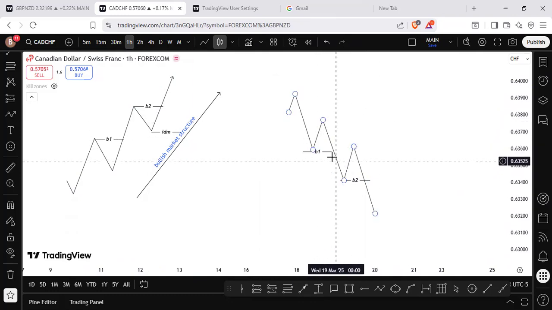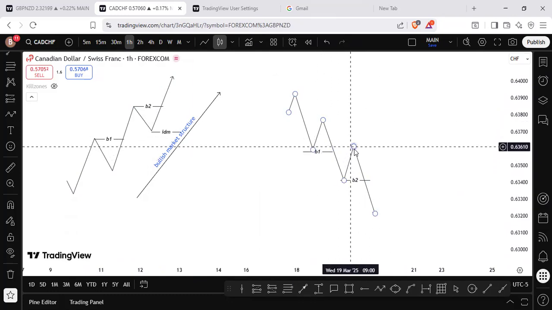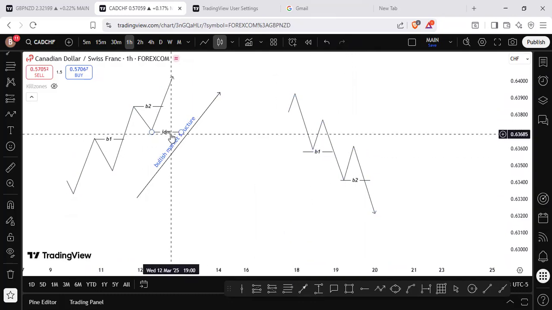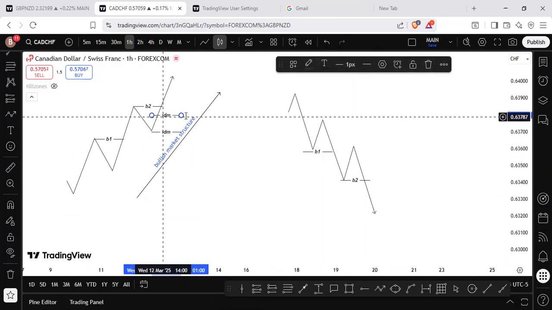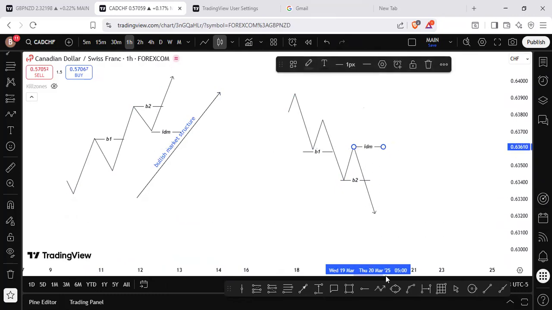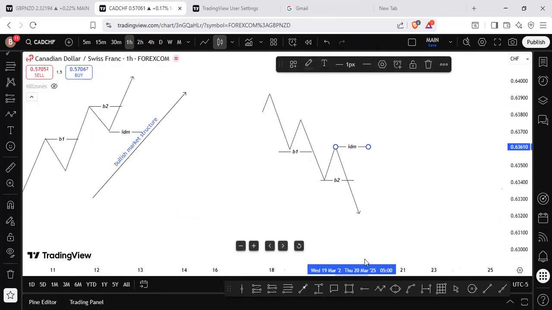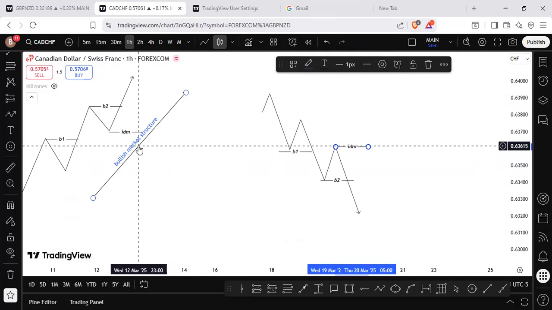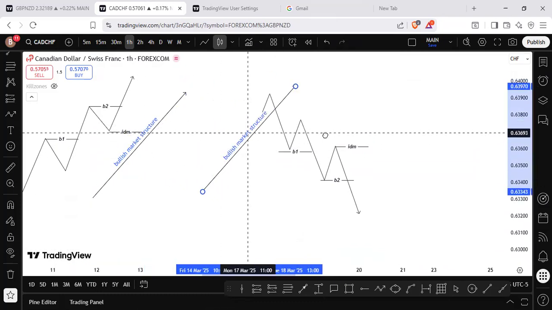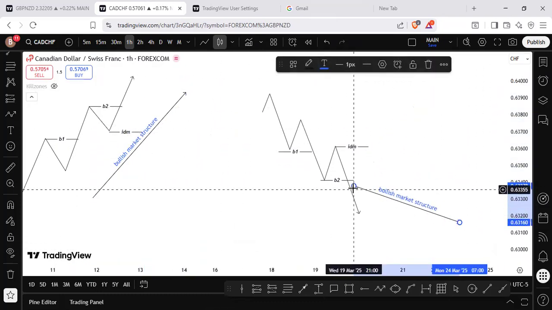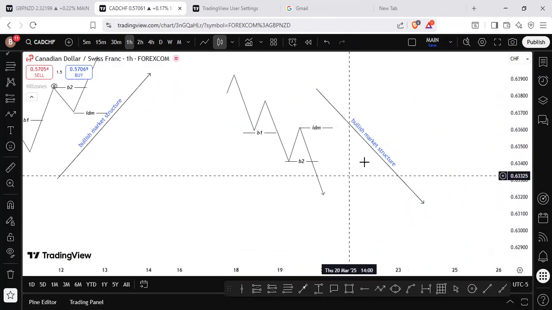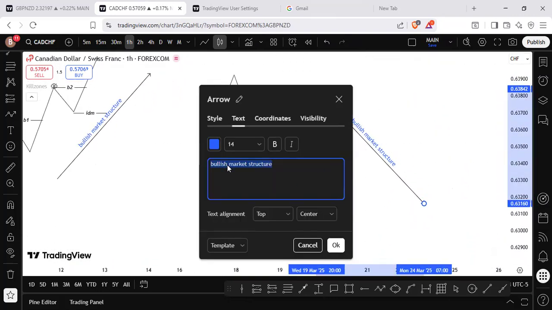Then the leg that caused your B2 is always your inducement. The leg that confirmed your B2 is always your inducement. So this one now is your bearish market structure.